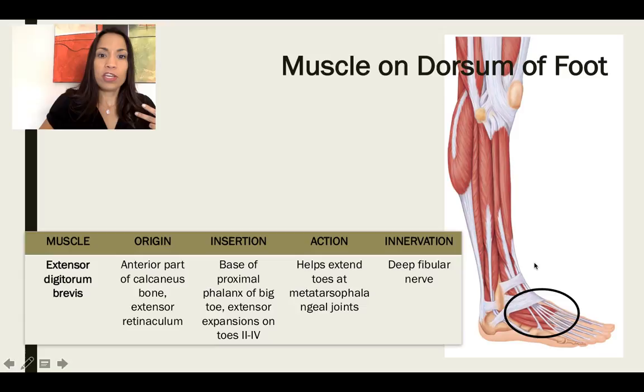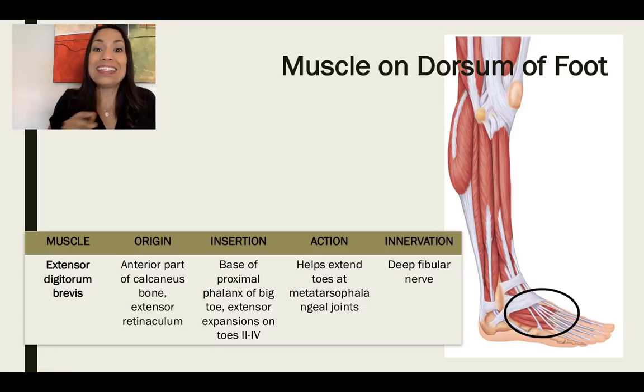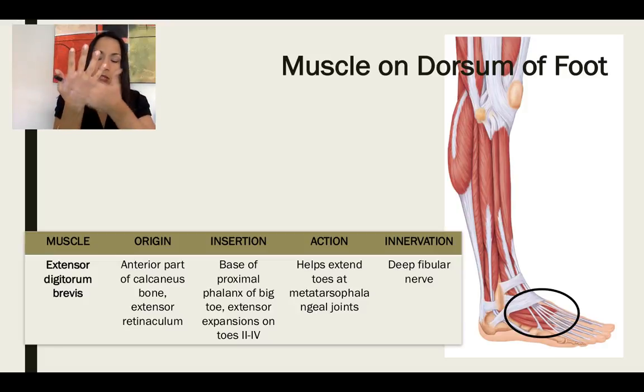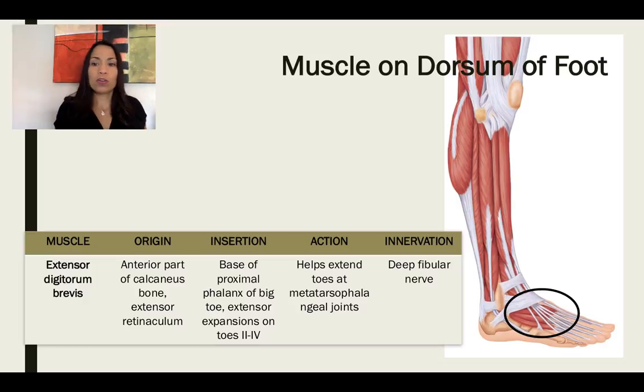Okay, now included in here also one tiny muscle that is the only muscle located on the dorsum of your foot. Unlike the dorsum or the posterior surface of the hand, where we have no muscle whatsoever, all the muscles of the hand are located anteriorly. On the foot, we have only one, and it's called the extensor digitorum brevis.